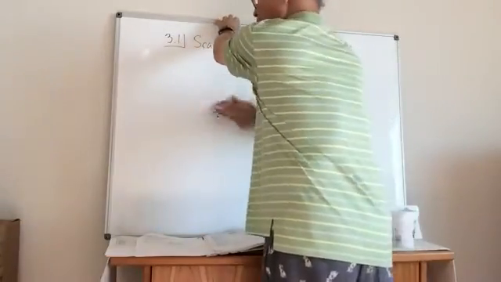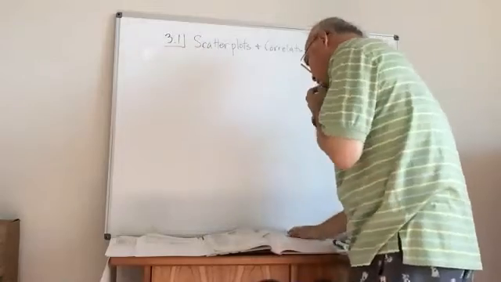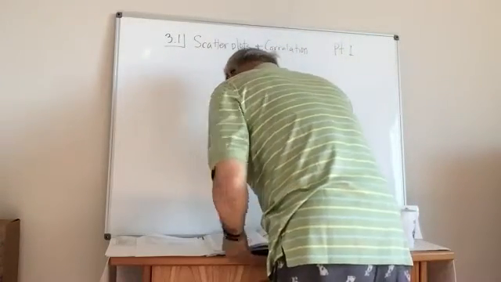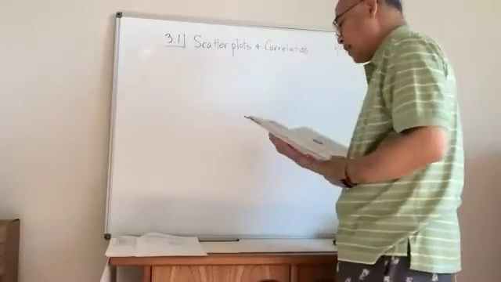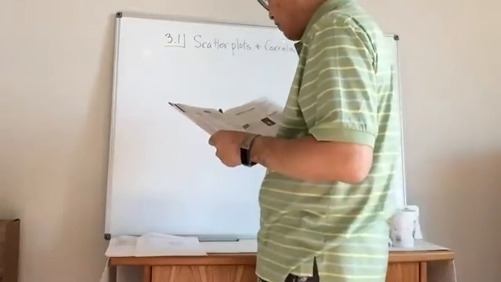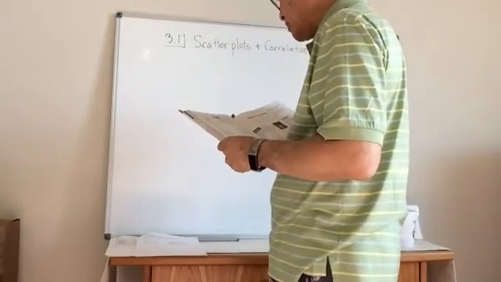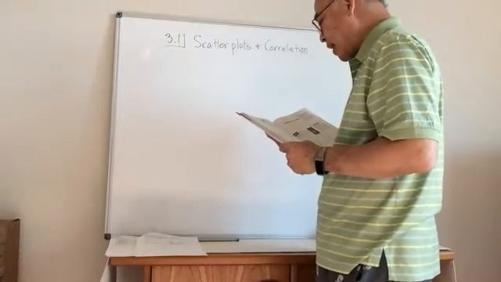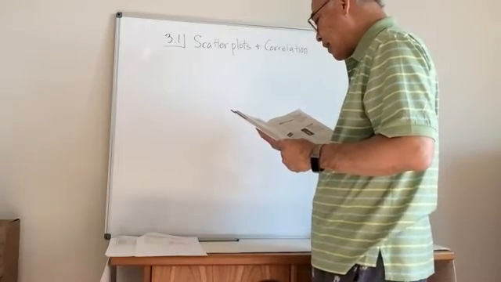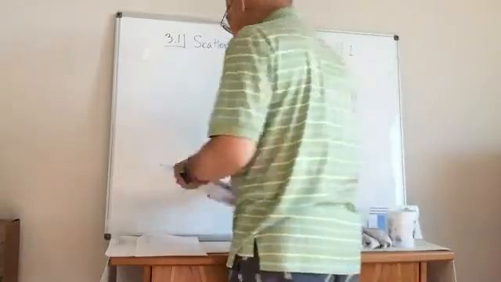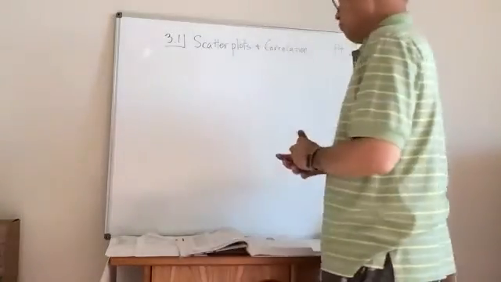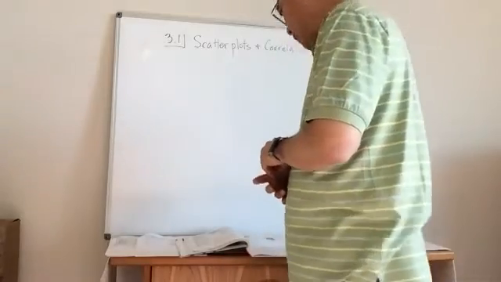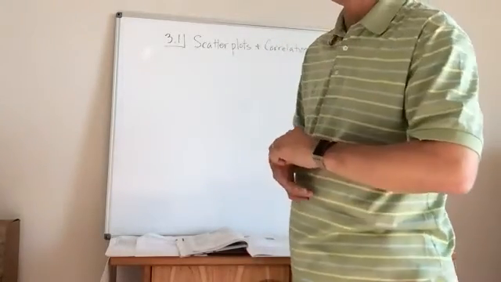Example on page 154: diamonds and the SAT. Explain the explanatory variable and response variable for the following relationships. A, the weight in carats and the price in dollars for a sample of diamonds. What's going to respond to what?